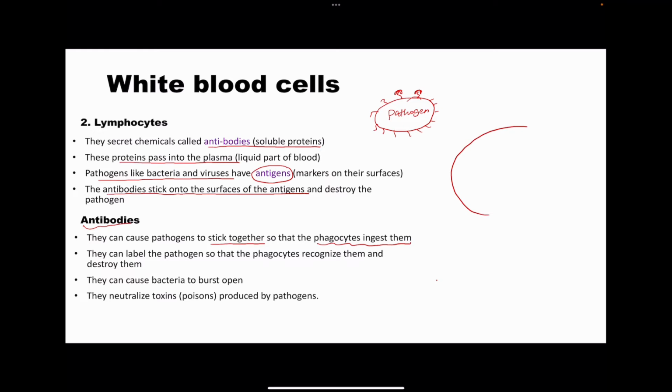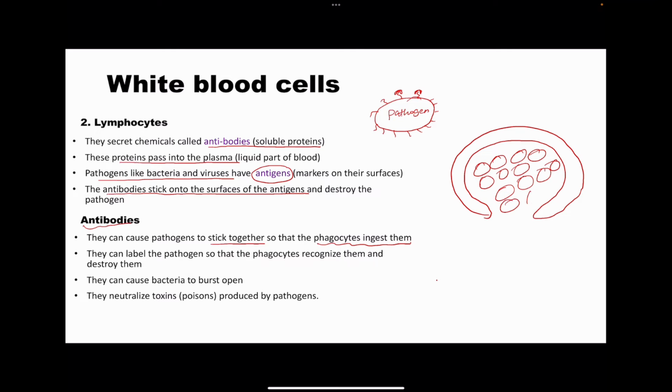If that is the phagocyte, it can engulf so many pathogens because they will be clumped up together due to the action of the antibodies. So instead of the phagocyte consuming one pathogen at a time, it can consume many pathogens within one phagocytotic move.